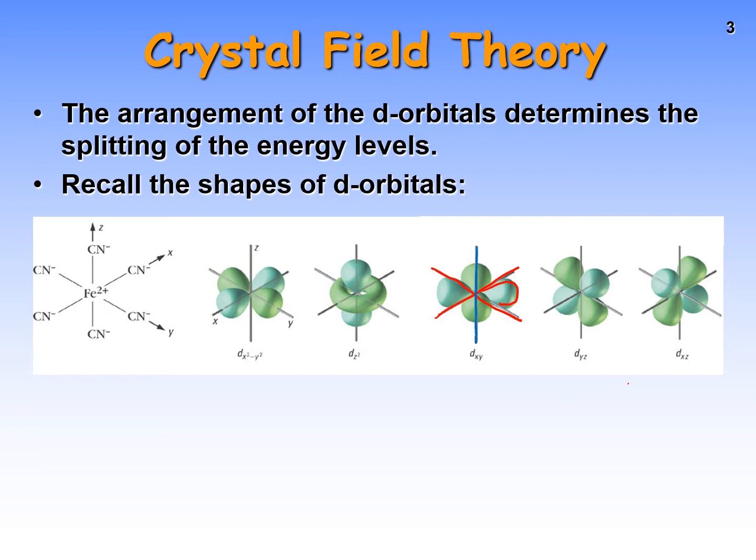You can see that all of our d orbital lobes are in between each of the x and y axes here. And the difference between this one and this one is over here: you can see that all the d orbital lobes are along the x and y axes.